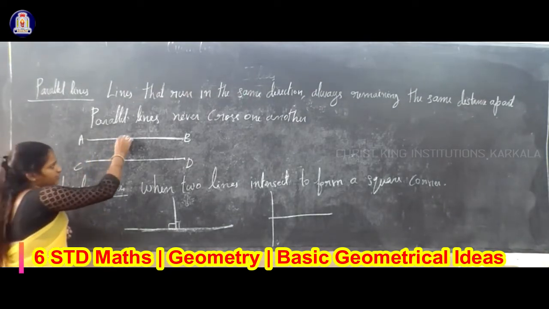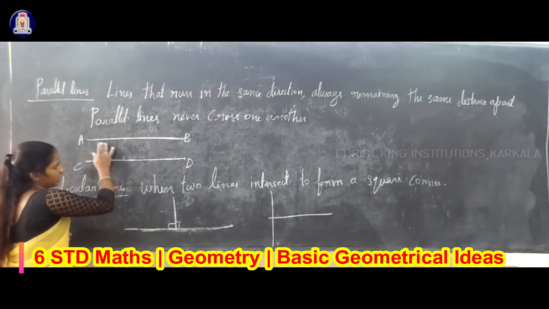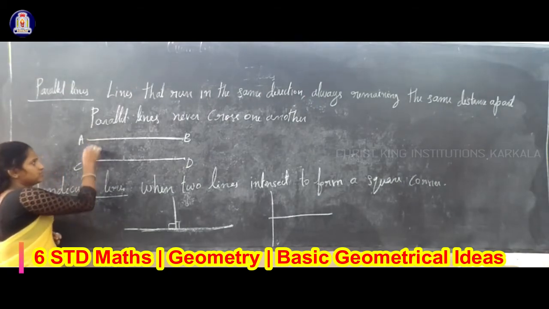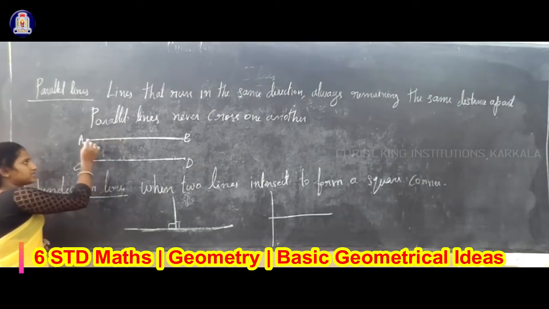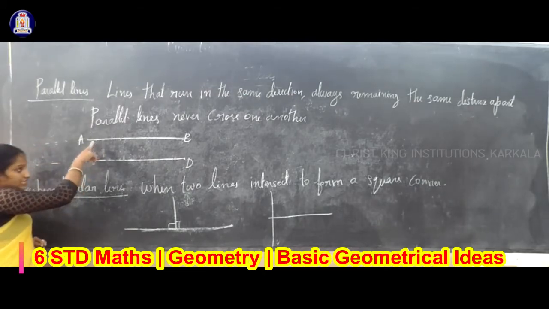See, AB is a line segment, right? Another line segment is CD. The distance between AB and CD, if you extend these lines also, remains the same.